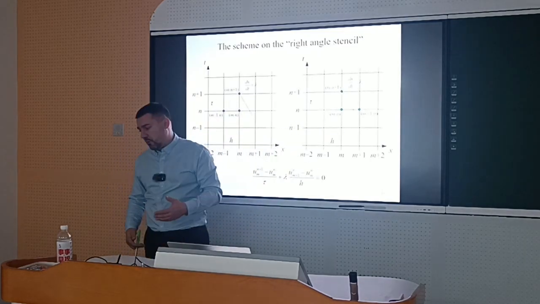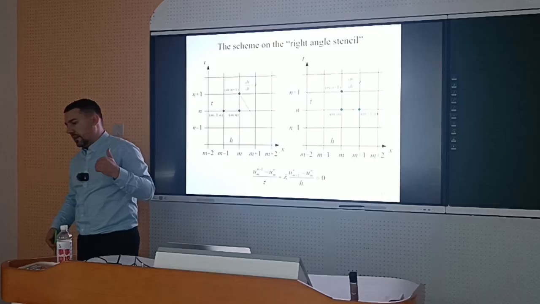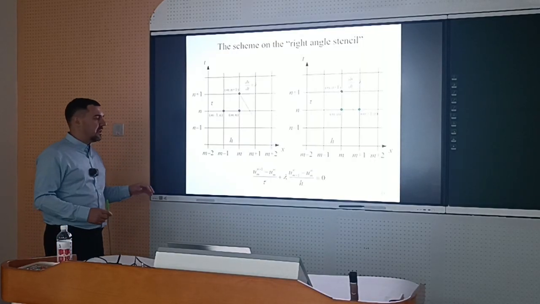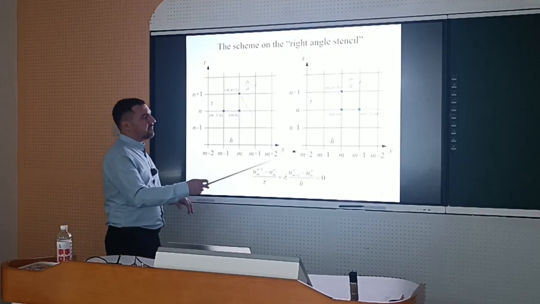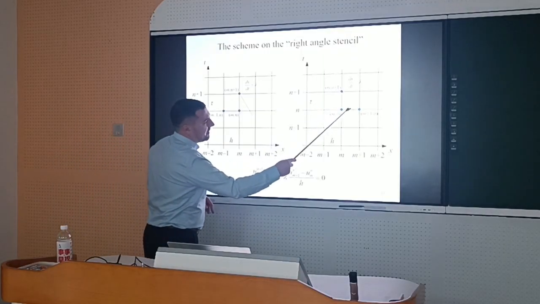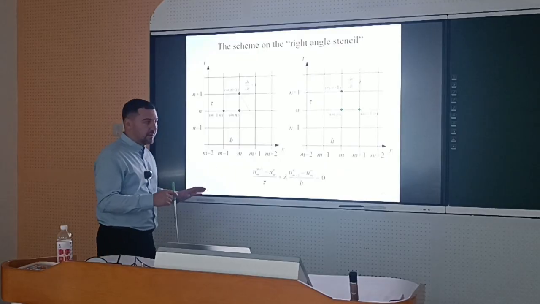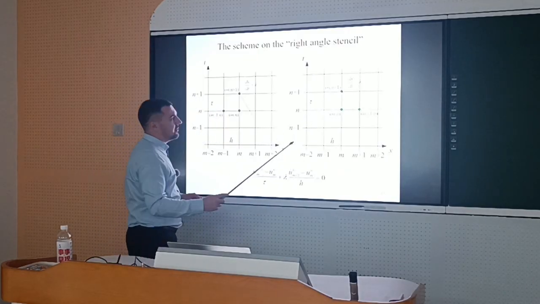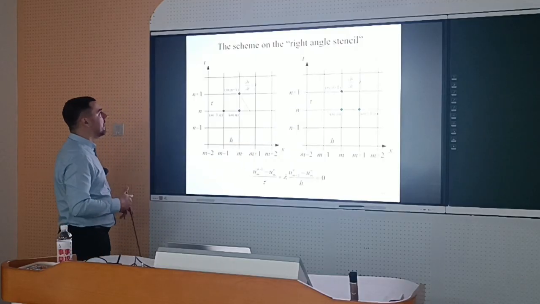It's possible to show that this scheme has the same first accuracy order in time and space, and it's also stable if this point is between this one and this one, so all the same. But if lambda is less than 0, you should take the right angle, not the left one.